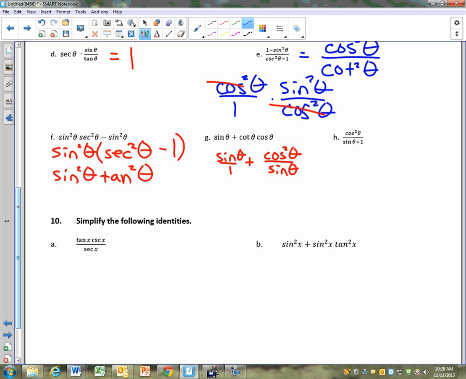Yeah, make a common denominator. So we got sine. So what's sine squared plus cosine squared up top? 1 over sine. Cosecant.